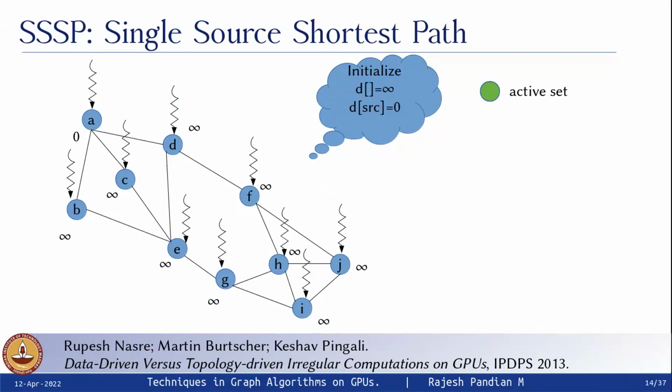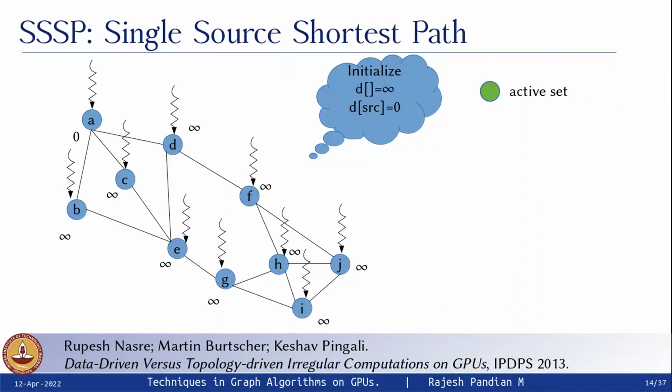So let's visualize how to compute an SSSP. Let me call this SSSP, although it may not look like an SSSP because we are using a unit weight graph, but even if we have a weighted edge, this will still hold. So as a first step in the SSSP, what is the first step? We'll have to initialize the distance arrays.